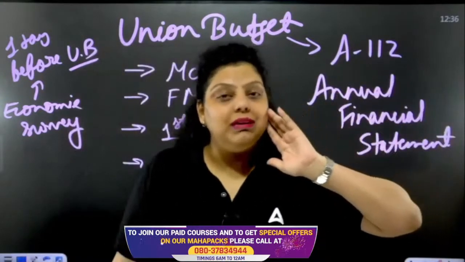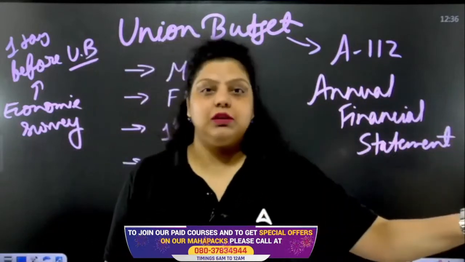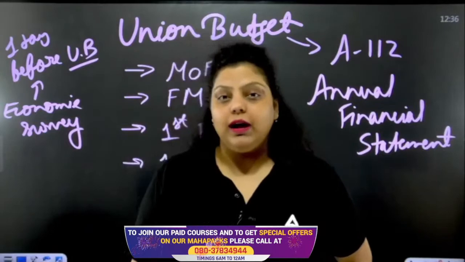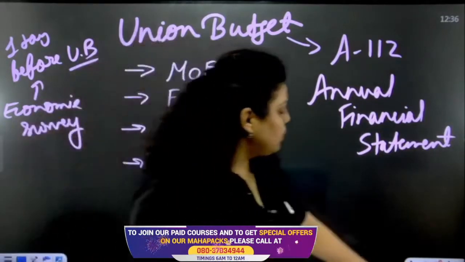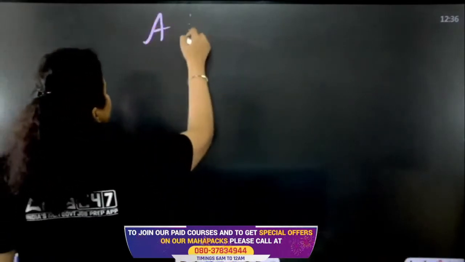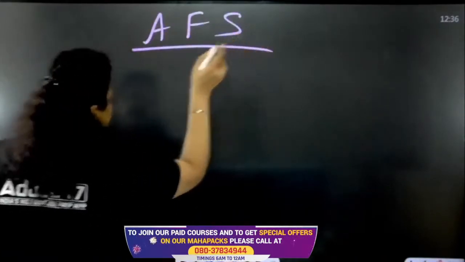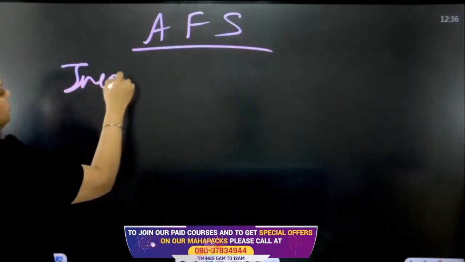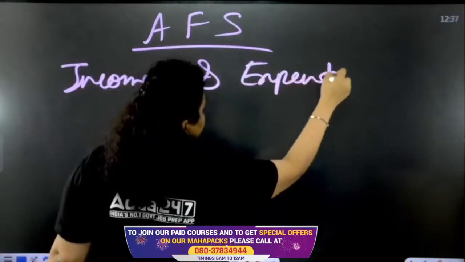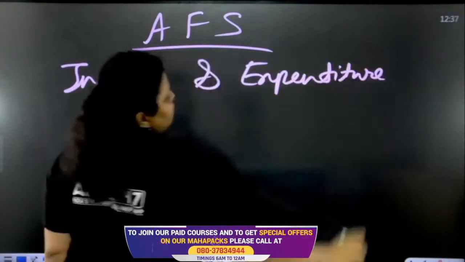The budget has not been defined in any particular term; it is also referred to as the annual financial statement. This annual financial statement is the statement of income and expenditure of the Government of India.